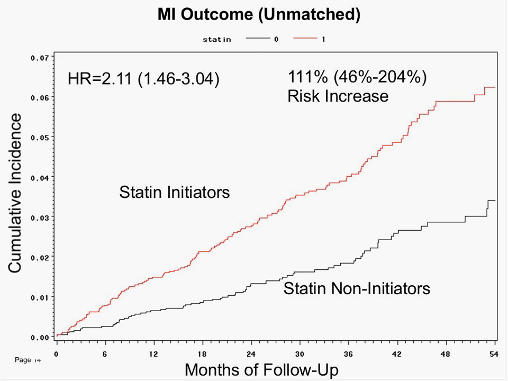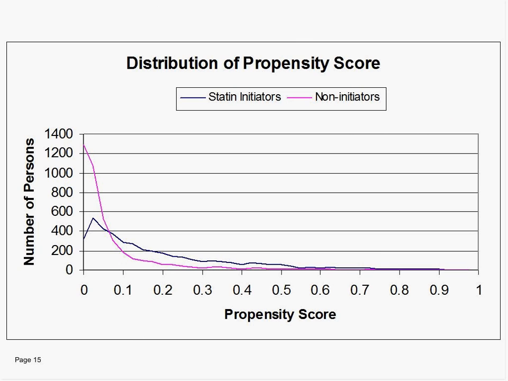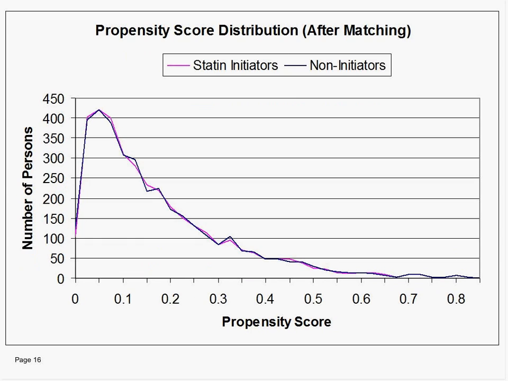For the process of developing the propensity score, I put about 50 variables into the propensity score, and here's what the distribution of the propensity score looked like. The statin initiators in the blue line tended to have a higher average propensity score than the non-initiators with the magenta line. Matched on the propensity score, the two curves fall on top of one another.